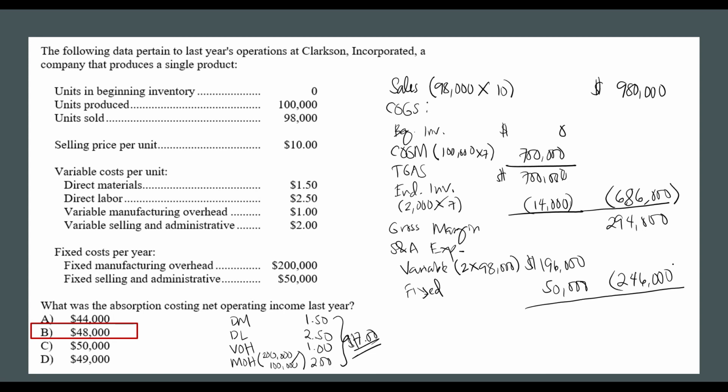And when we deduct your selling and administrative expense of 246,000 from your gross margin, it will give us your operating income under absorption costing of 48,000. Okay? So the answer here is letter B.